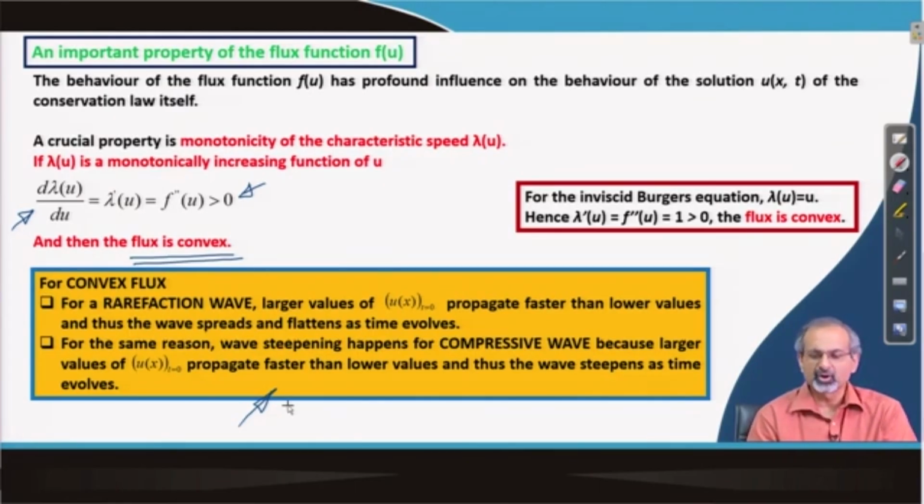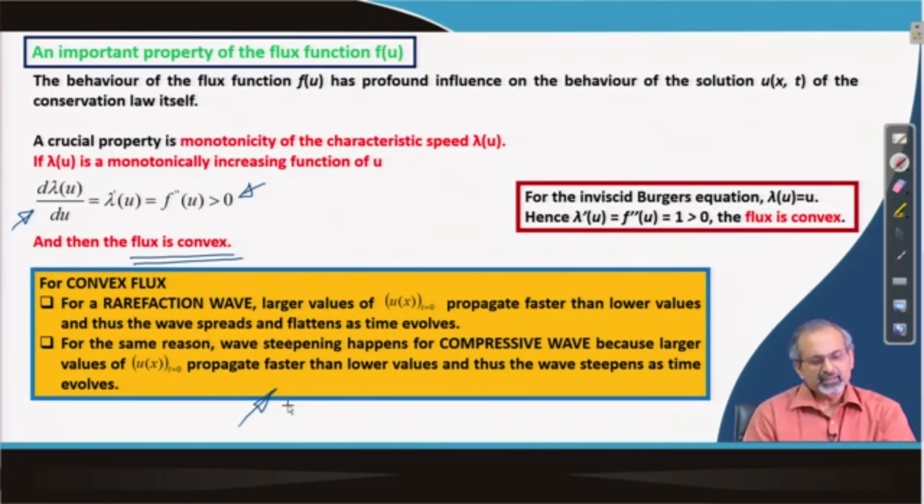Now, let us find out whether we really have a convex flux in the case of the inviscid Burgers equation. Here lambda is equal to u. If you take lambda dash, it will give you 1, which is greater than 0. That means the flux is convex. Now, what happens for a convex flux? That is what is of interest to us.